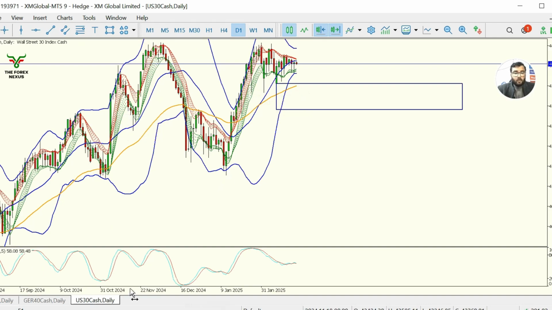So this is the overall view of gold, German 40 and US 30, especially for the re-entry concept. I think it will be clear now why we are focusing on re-entries. And we have specific patterns for reversals. That's not in the code.